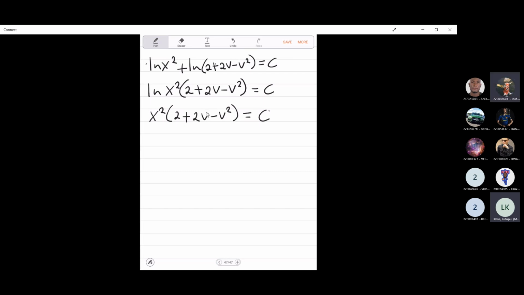And then from here, we rewrite v in terms of y and x, and here we have x squared times 2 plus 2 y over x minus y squared over x squared. This is my constant. And then now in terms of the small x and small y.